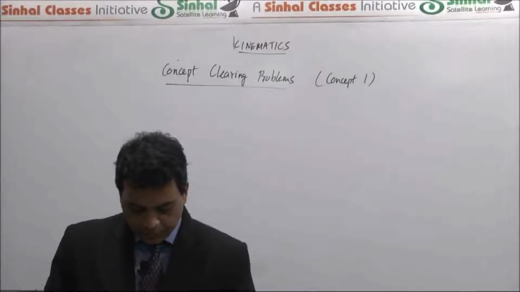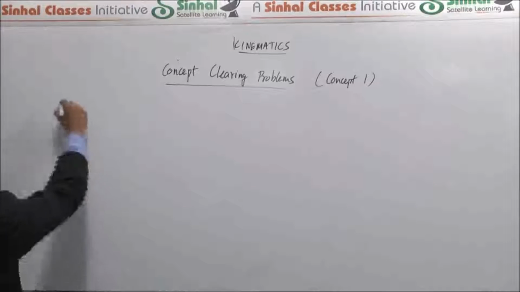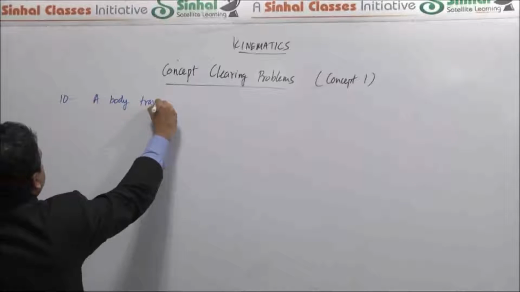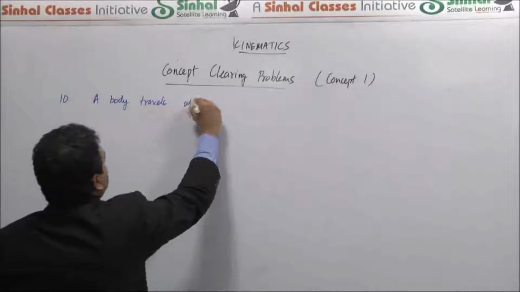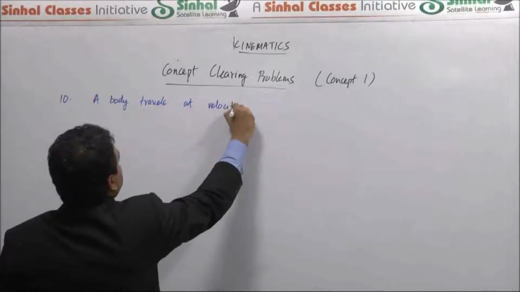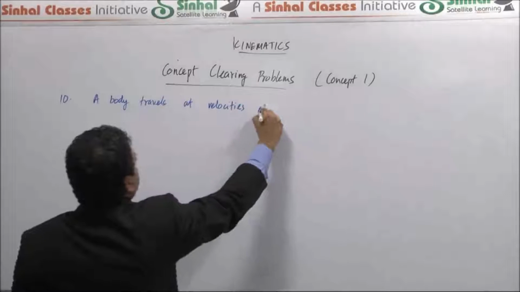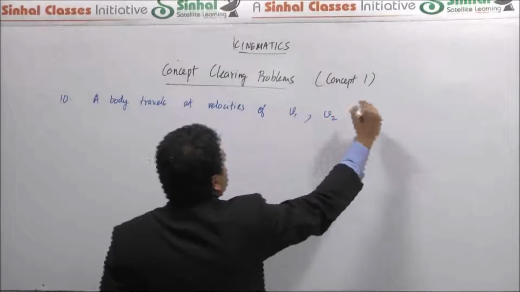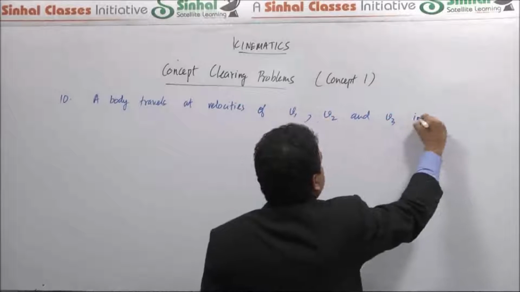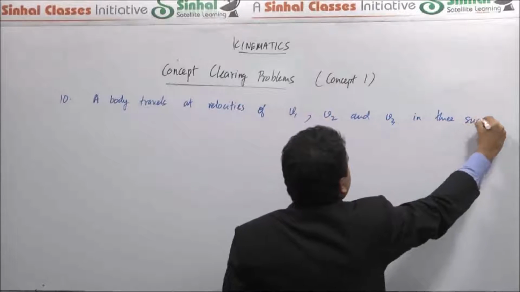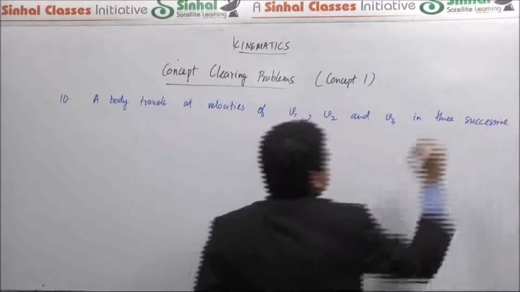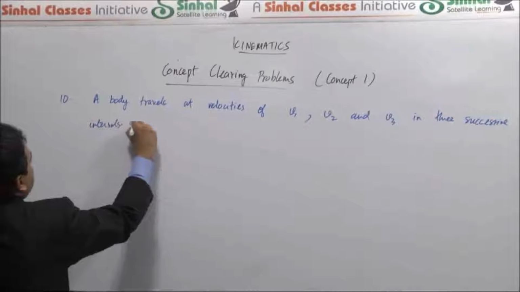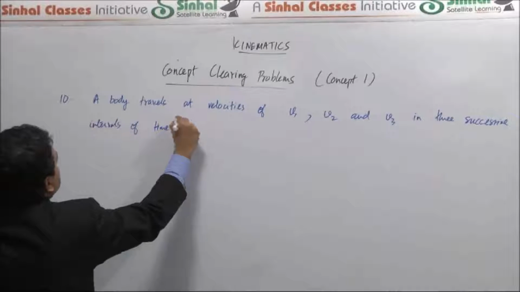Okay. So the 10th question says that a body travels at velocities of v1, v2 and v3 in 3 successive intervals of time t each.